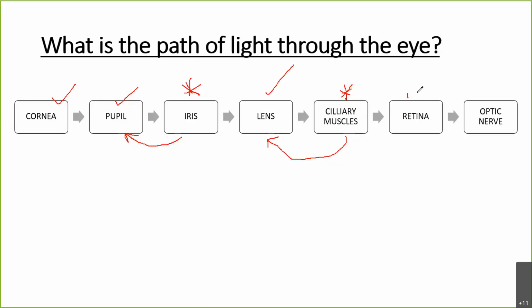It does focus on the retina, and it's turned into electrical impulses that go through the optic nerve, okay? So let me just be careful about including the iris and the ciliary muscles in there. Just know that those are like helpers along the way. Okay?